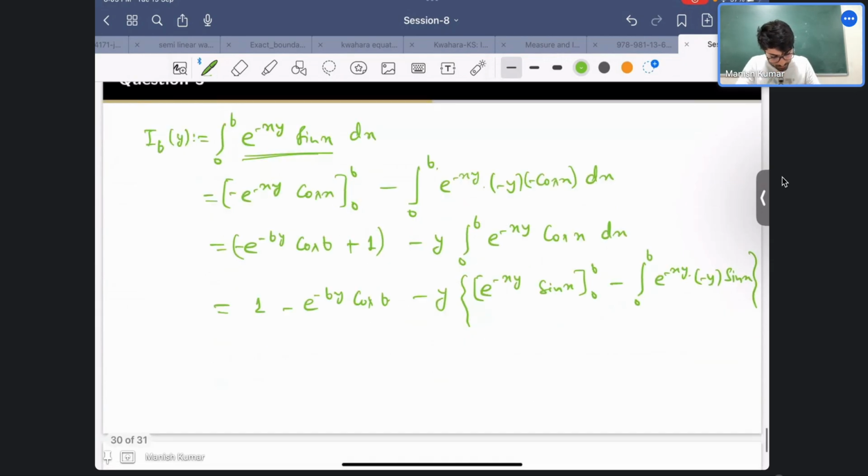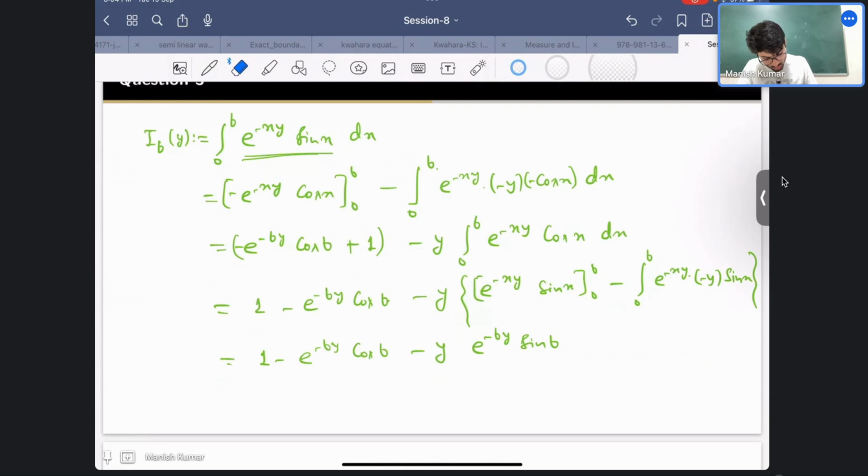Now this would be 1 minus e^(-by) cos b minus y. Now again you substitute, so at b it will be e^(-by) sin b. At 0 it will be 0, so it's minus this, and now this will be plus, and then minus y square times the integral from 0 to b of e^(-xy) sin x dx.